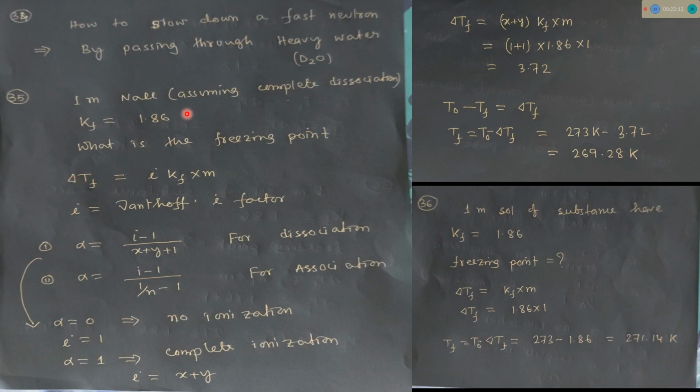Since we have to assume complete dissociation, we have to consider the Van 't Hoff i factor. So depression of freezing point is i Kf m, where m is molality and Kf is the freezing point depression constant.